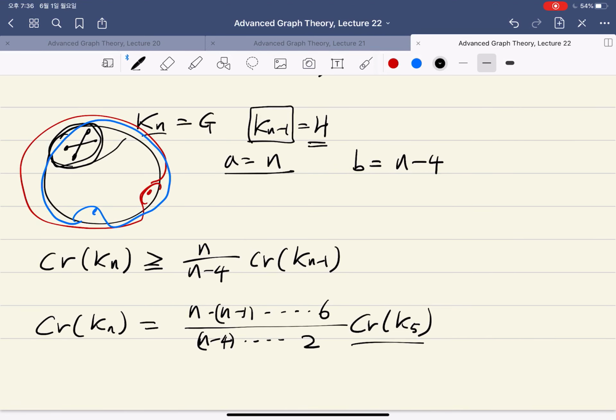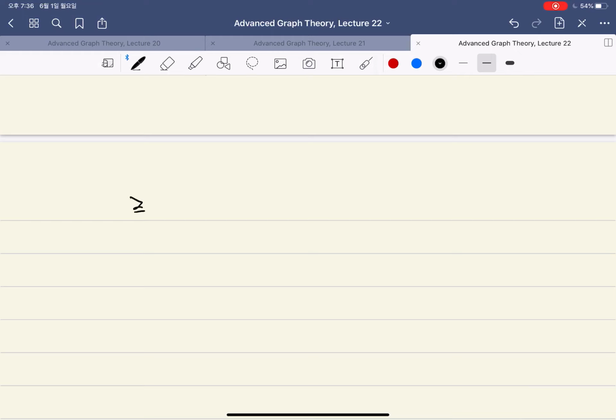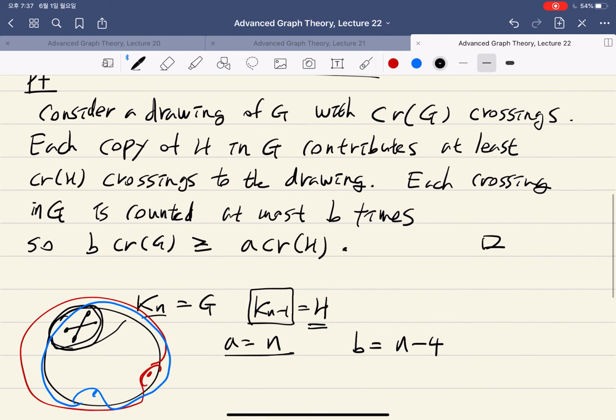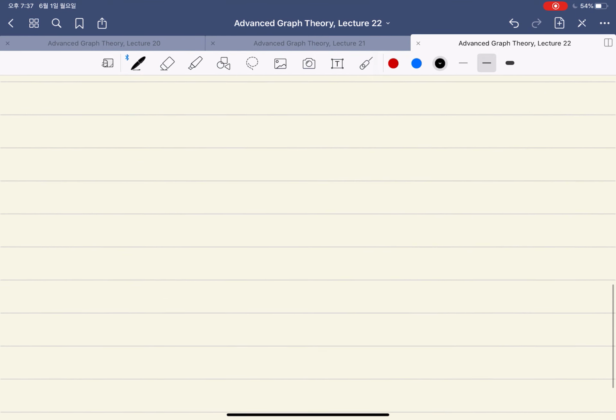We already know the crossing number of K_5 is at least 1. This shows that we have the lower bound n times n minus 1 times n minus 2 times n minus 3, and on the bottom 5 factorial, which is 1 over 120 times n to the 4 plus some lower order term. So we get the quartic upper bound and lower bound.